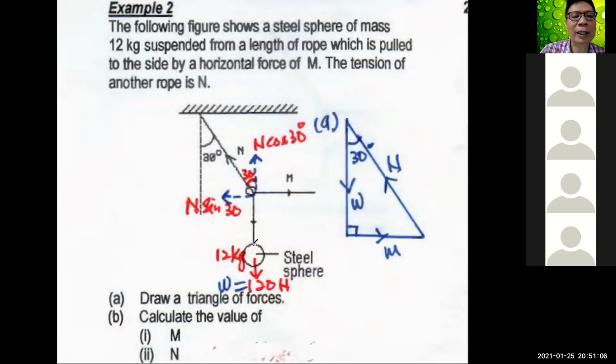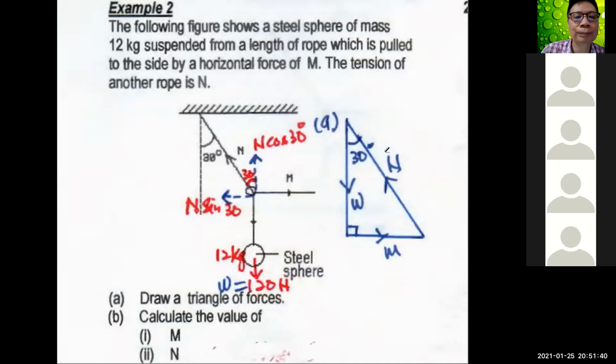When this object hangs there stationary, it shows that the three forces must be in equilibrium. Understand? The concept is like that. Since the ball is hanging there stationary, the three forces acting on it must be in equilibrium: M, the pulling force, W, the weight, and the tension N. Now the question: draw the triangle of forces.